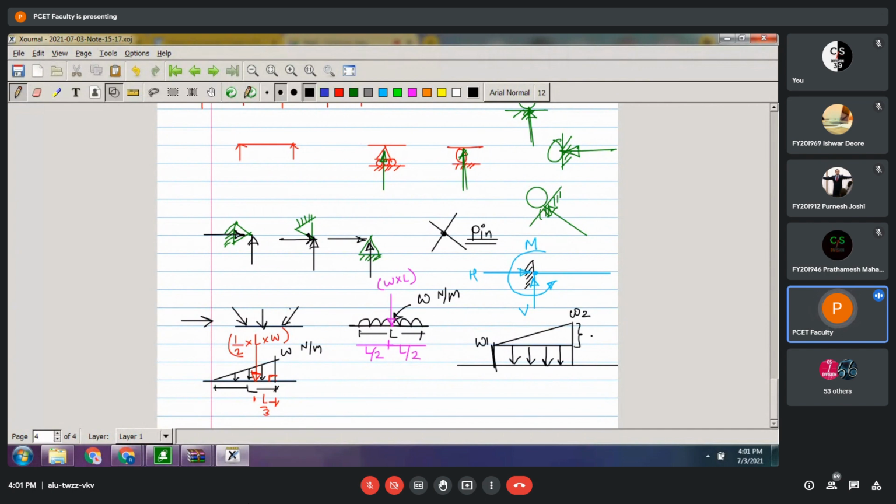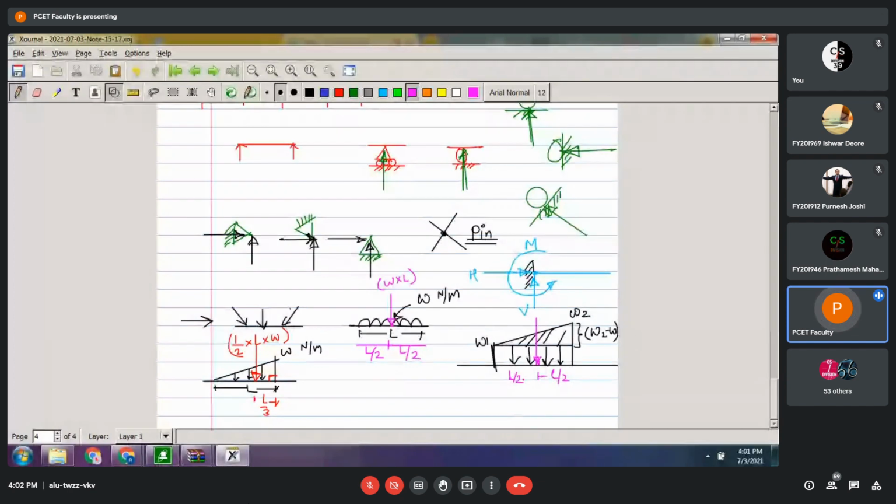So for the remaining triangle, it will be W2 minus W1 as height, and we will consider this triangle as a separate load and this rectangle as a separate load. For this rectangle, if it is a span of L meter, your converted point load will act exactly at the center of span, which is L by 2 and L by 2.